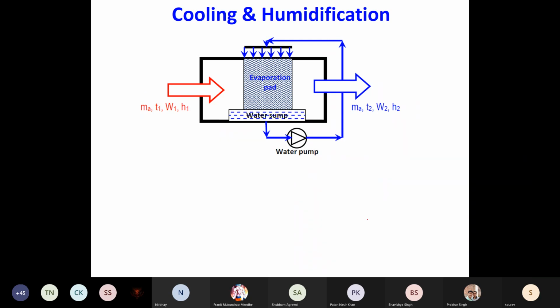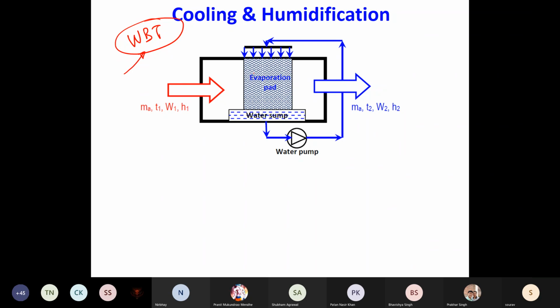Next process which we are going to look at is cooling and humidification process, which we had partially looked at when we were discussing WBT. So in WBT, how we attained the wet bulb temperature was we had incoming air at certain temperature and humidity ratio. It passes through a wicking material.